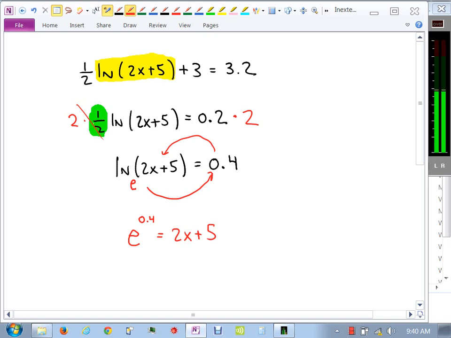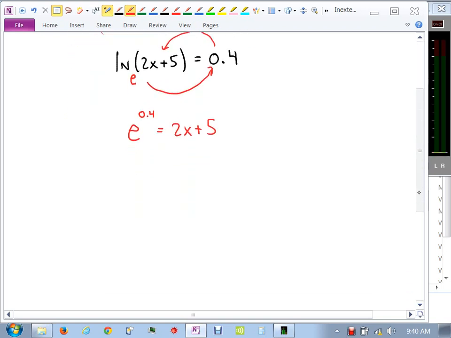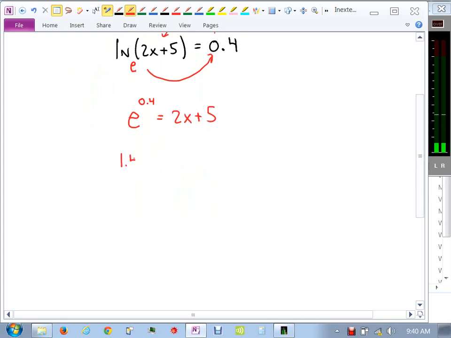Then e to the 0.4 I have to use my calculator for. 1.49 is what I get. So 1.49 equals 2x plus 5. Just stop me if there's something you need me to explain.